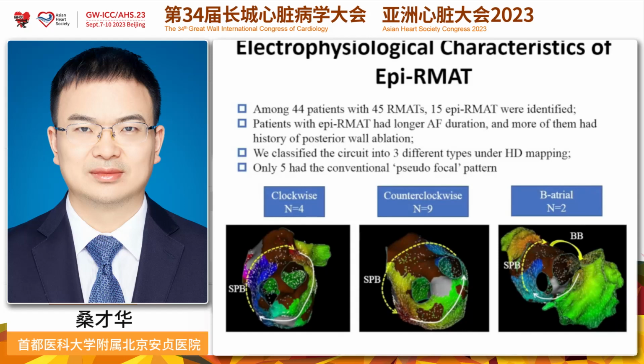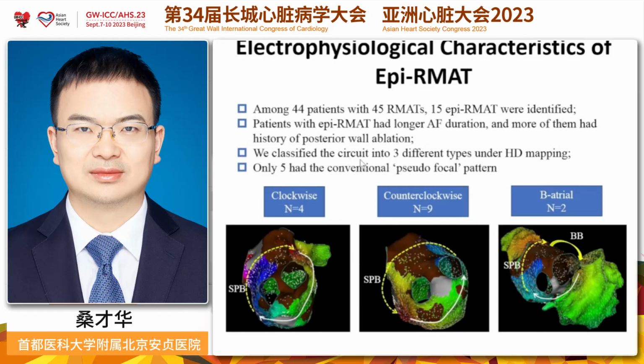In the recent 4 years, we summarized 44 patients with roof-dependent tachycardia. 5 showed epicardial conduction. The patients with epicardial conduction had a longer atrial fibrillation duration, and more of them had a history of posterior wall ablation.